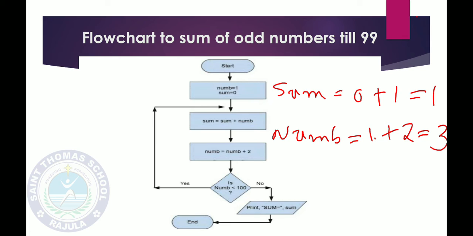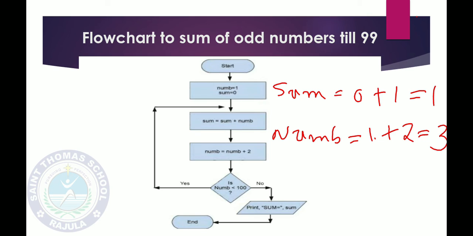But see, when it reaches 99 and then you do number plus 2, that means it will become 101. Now you just check, is 101 less than 100? No. So at that time your program will end there. Okay, means the answer will come no, and after that you can print the sum of the odd numbers till 99.